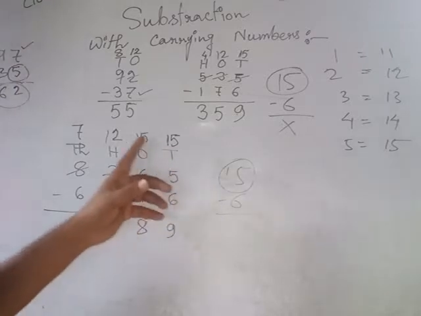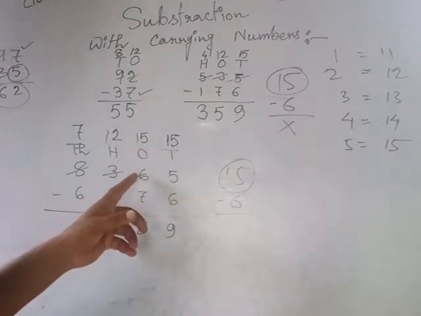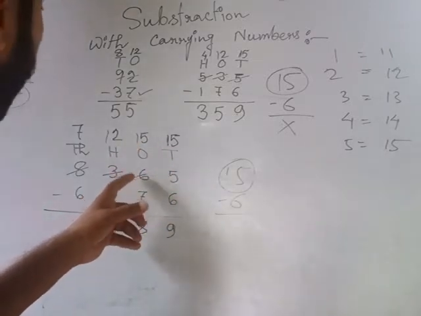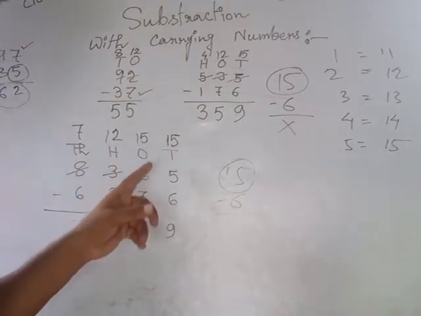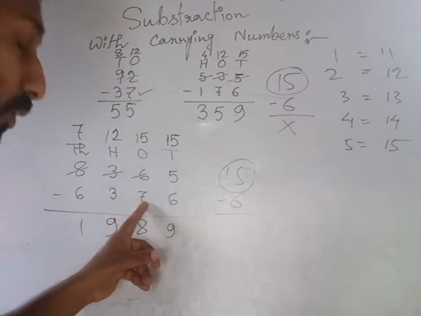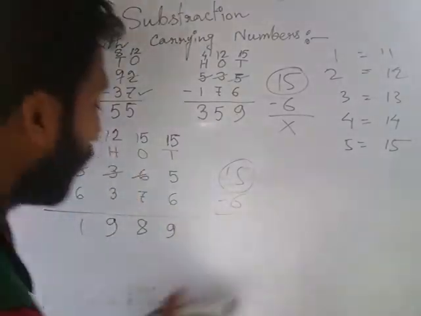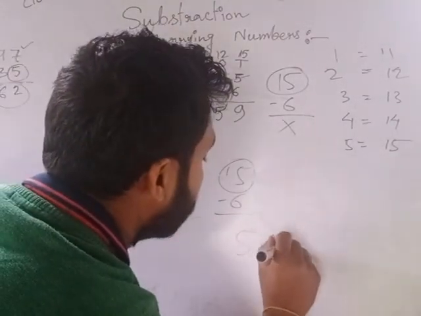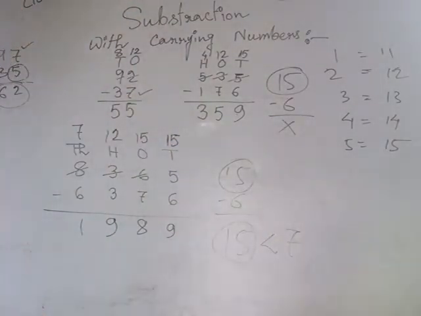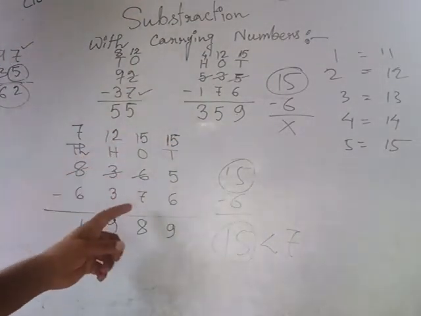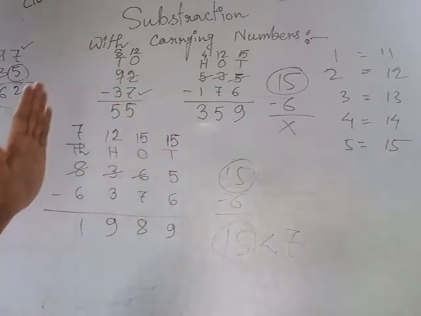After that we should go to the next. We are taking 1 from here. That's why it is 6 minus 1, that is 5. 5 minus 7, is it possible? No, because 5 is less than 7. At that time we should take 5 as 15. 15 minus 7, that is 8. After that we should go to the next.